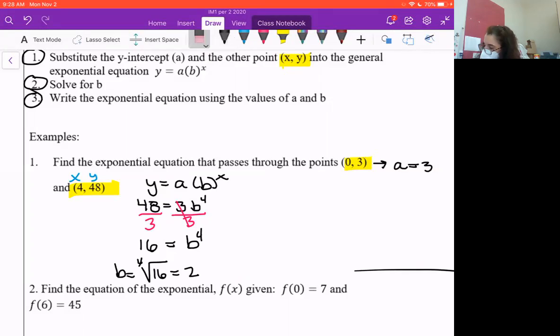So you're really figuring out what number can you multiply times itself 4 times to get 16, and the answer is 2. So we now have A, we now have B, so I can now write the answer. This equation is y equals 3 times 2 to the x.